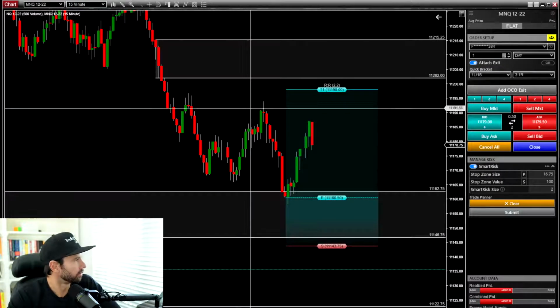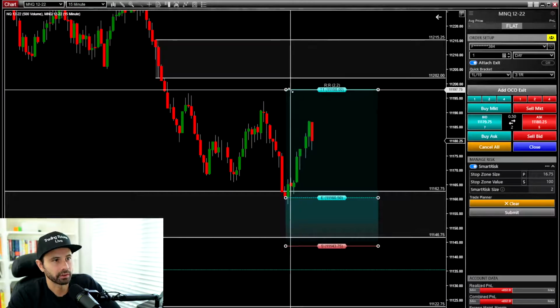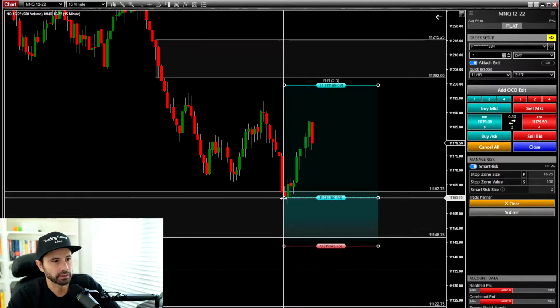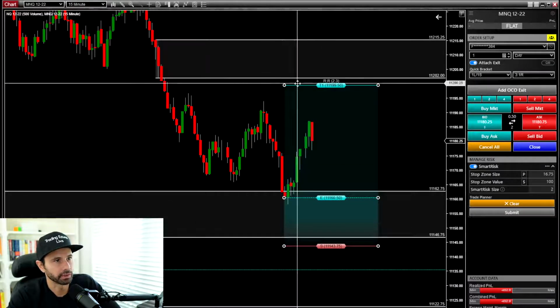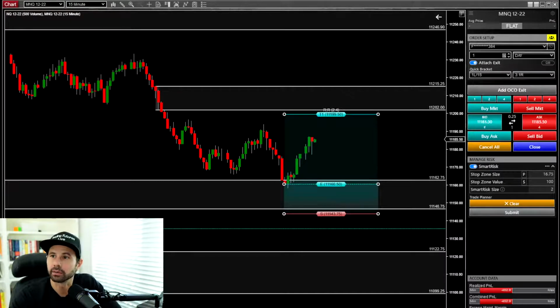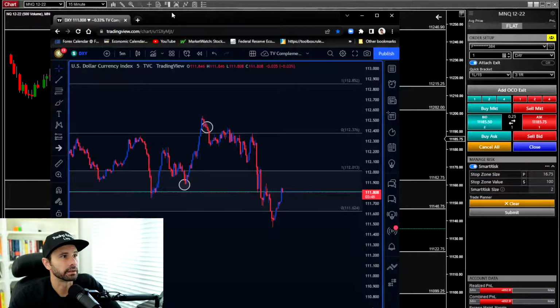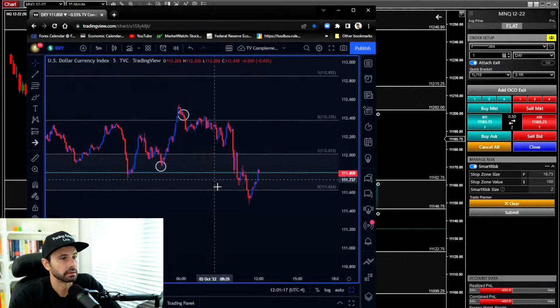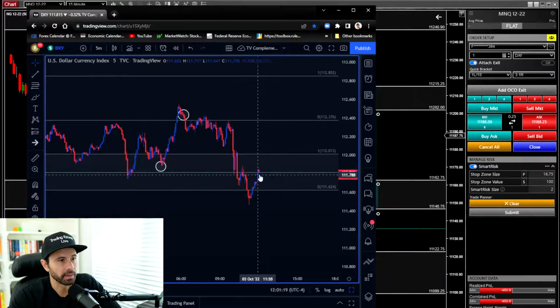Here's the thing. I don't even have a risk and reward ratio for the long. This area is not bad, but the risk and reward ratio is so tight. And the dollar is back at the area where we were accounting that it could come back. Dollar went down, it's coming back up to this area.